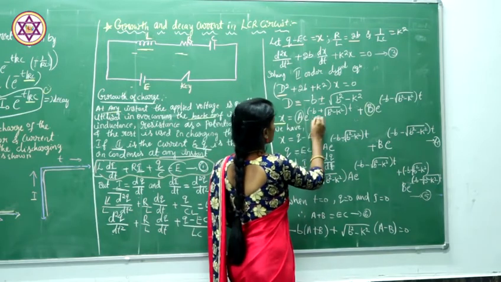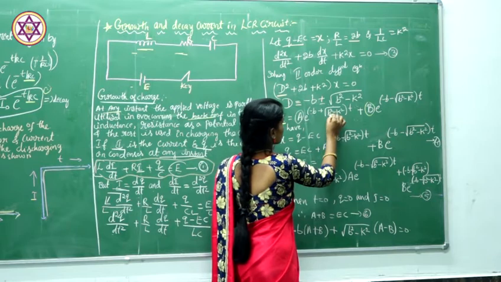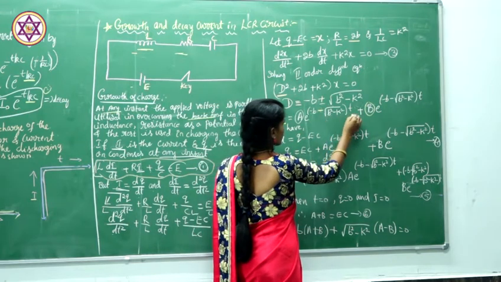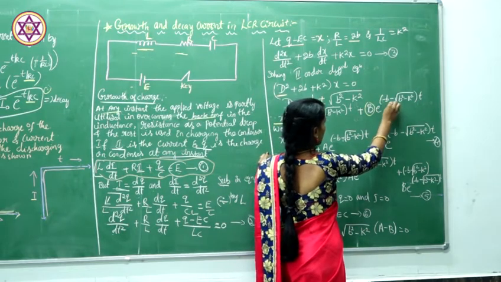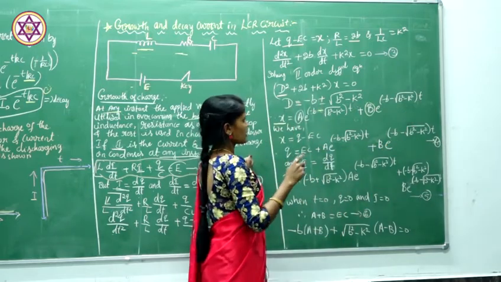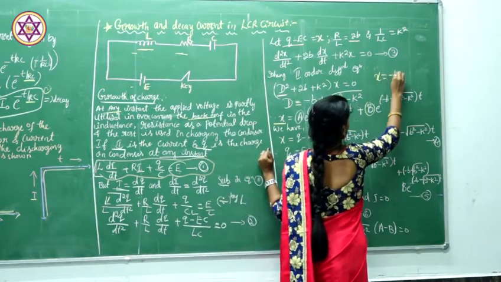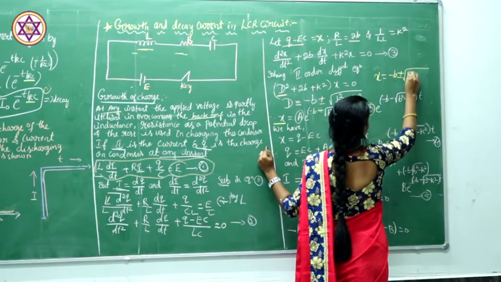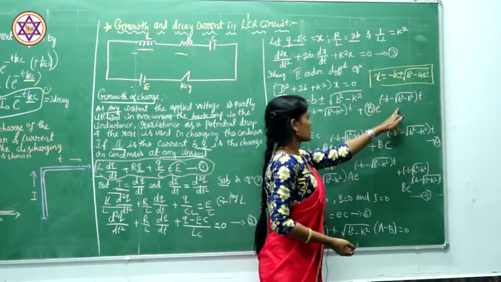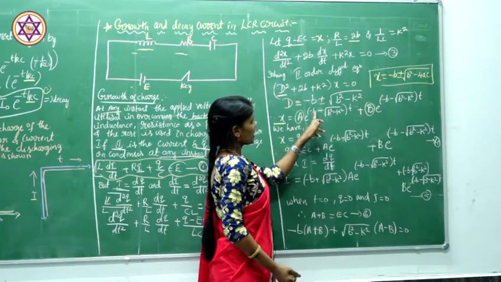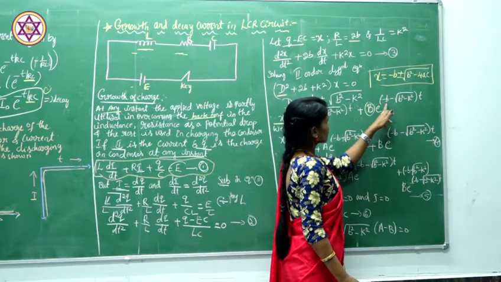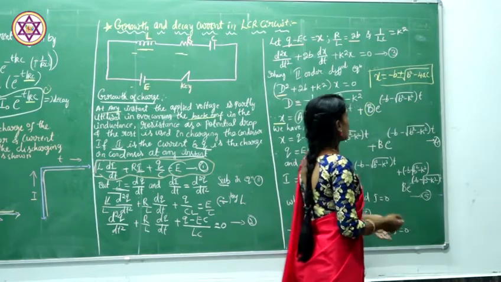We already know that x = (−b ± √(b² − 4ac))/2a, so this form we can write in this equation: a·e^((−b − √(b² − k²))t) + b·e^((−b + √(b² − k²))t).